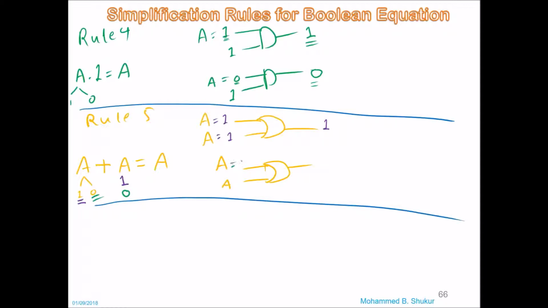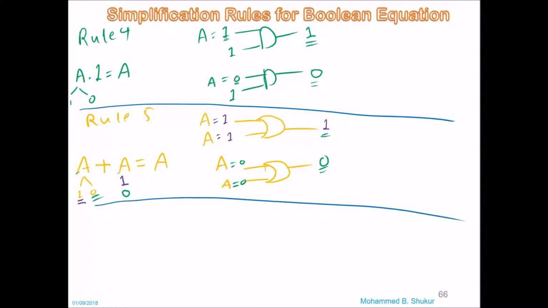So I have 0 or 0, and 0 or 0 equal to 0. So we can see the value of the output is always equal to the value of A. So A or A equal to A. Okay, so when A equal 1, so 1 or 1, the output equal to 1, and when A equals 0, 0 or 0, the output equal to 0.